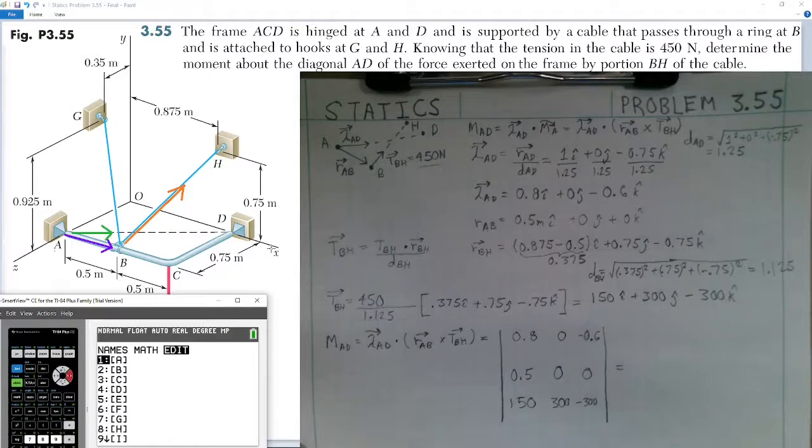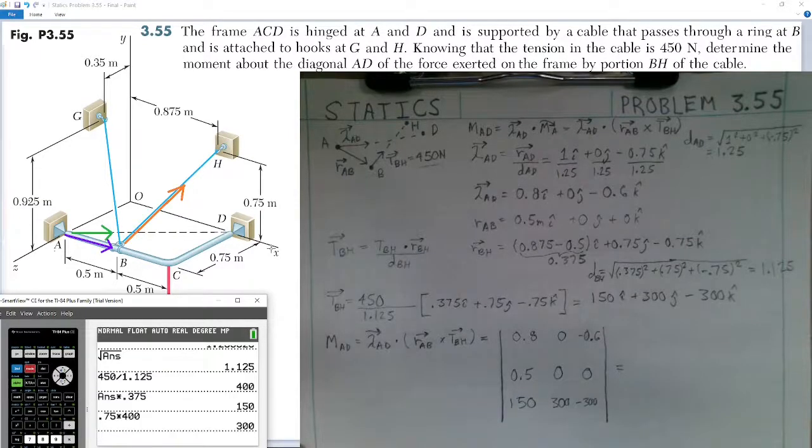We can edit matrix A, make it a 3 by 3. We can enter in the values 0.8, 0, negative 0.6, 0.5, 0, 0, 150, 300, and negative 300.